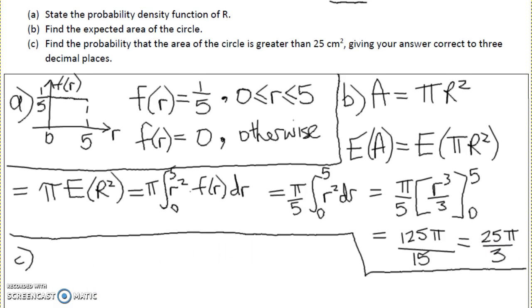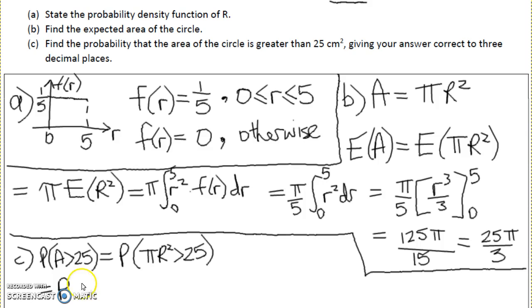In part C, we're finding the probability that the area of the circle is greater than 25. So that's probability A, A is greater than 25, which is the probability that pi r squared is greater than 25. Let's divide both sides of the inequality by pi.